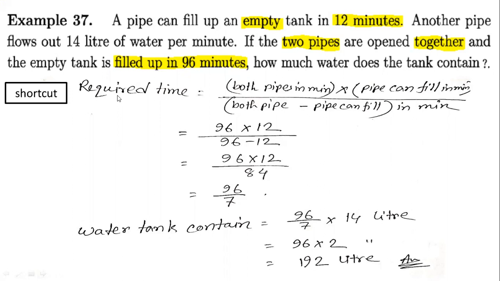So in a nutshell, we multiply both pipes in minutes and the pipe can fill the empty tank in minutes, then divide by their difference. This is the first part. The second part is, since per minute it can flow out liters, we multiply by this time. Since this total amount of water can be emptied from the tank, 192 liters are contained in the tank. That's why our answer is 192 liters.